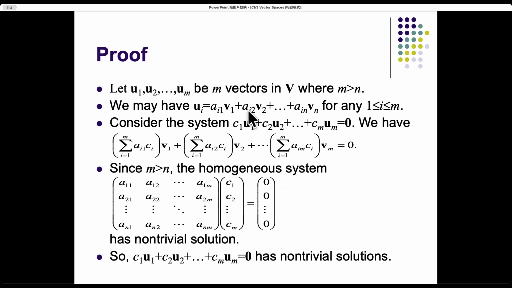Then we consider C1 U1 plus C2 U2 plus and so on plus Cm Um equal to 0. Because if we want to show U1 to Um are linearly dependent according to the definition, we need to show that C1, C2, up to Cm have a non-trivial solution.